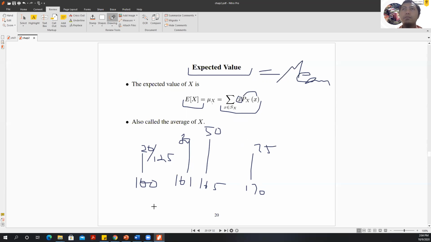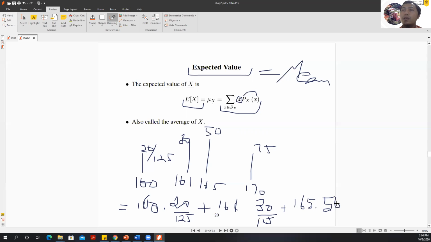The mean, or expected value, equals 160 multiplied by 20/125 plus 161 multiplied by 30/125 plus 165 multiplied by 50/125 plus 170 multiplied by 25/125.